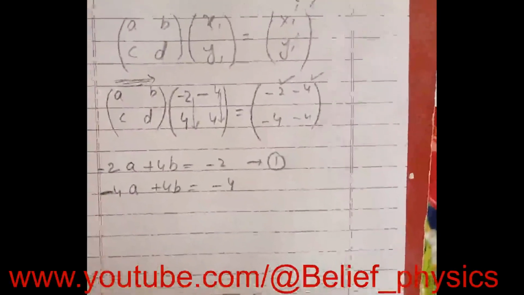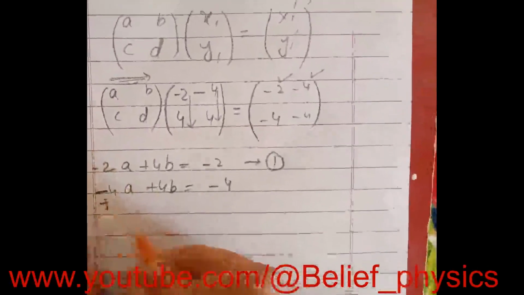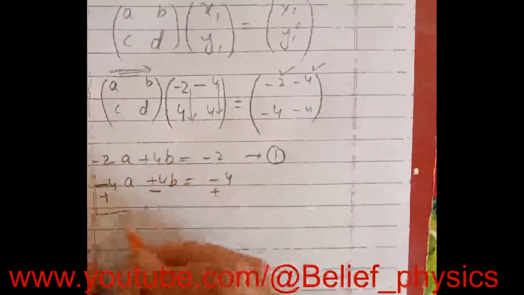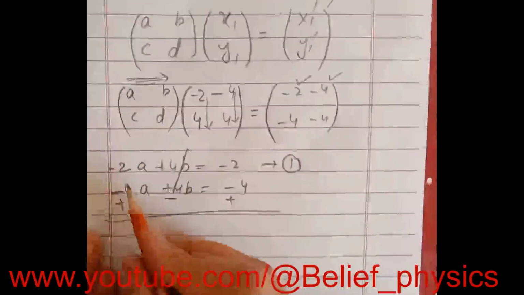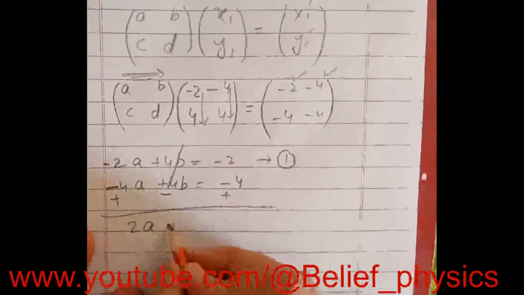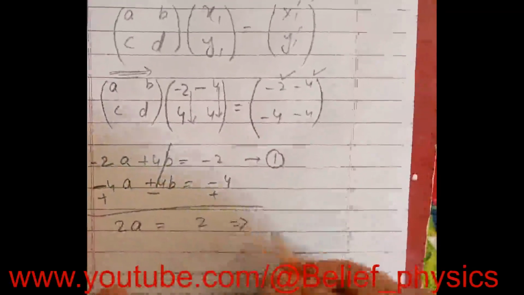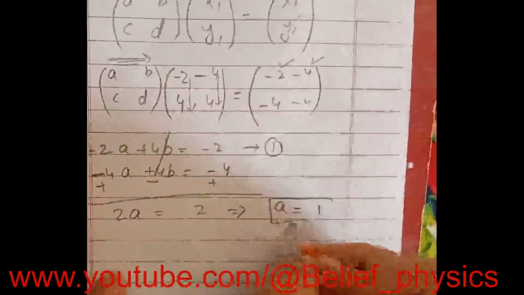These are two equations. We solve them to find a. If we subtract them, the 4b terms cancel. Plus 4 minus 2a is 2a, and it equals 4 minus 2, which is 2. So we get a is equal to 1.